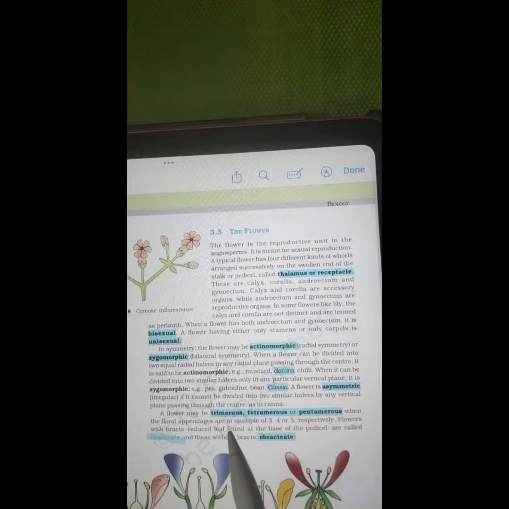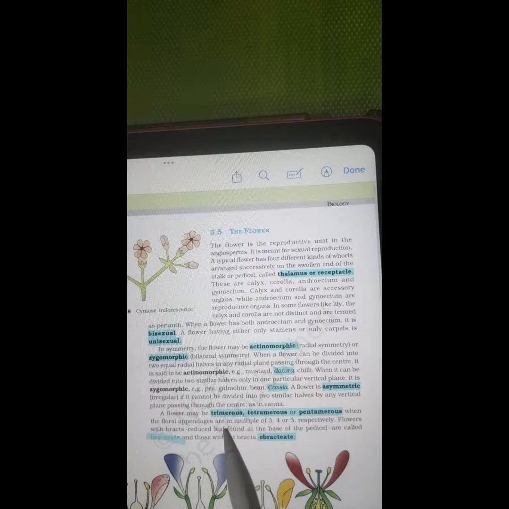A flower could be trimerous, tetramerous, pentamerous. Remember, monocot flowers are generally trimerous, meaning everything will be in multiples of 3. Whereas in the case of dicots, it could be tetramerous or pentamerous. A flower has 4 whorls. By now you must have studied calyx, corolla, androecium, gynoecium.